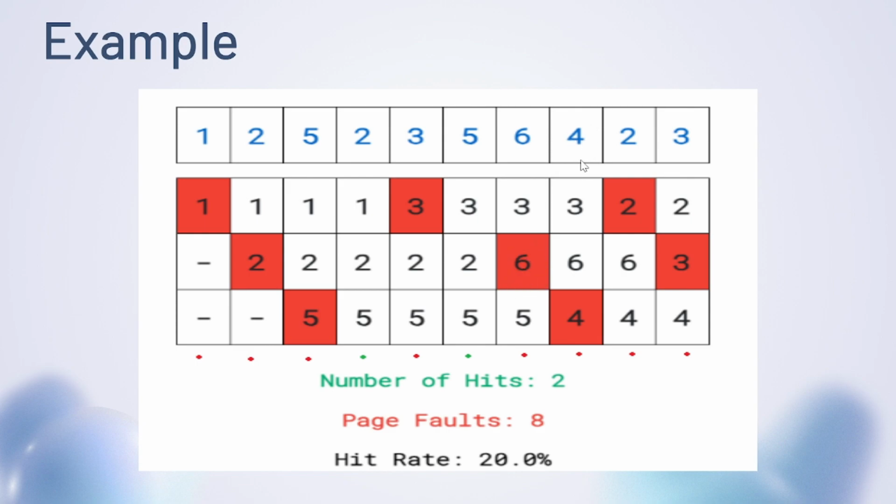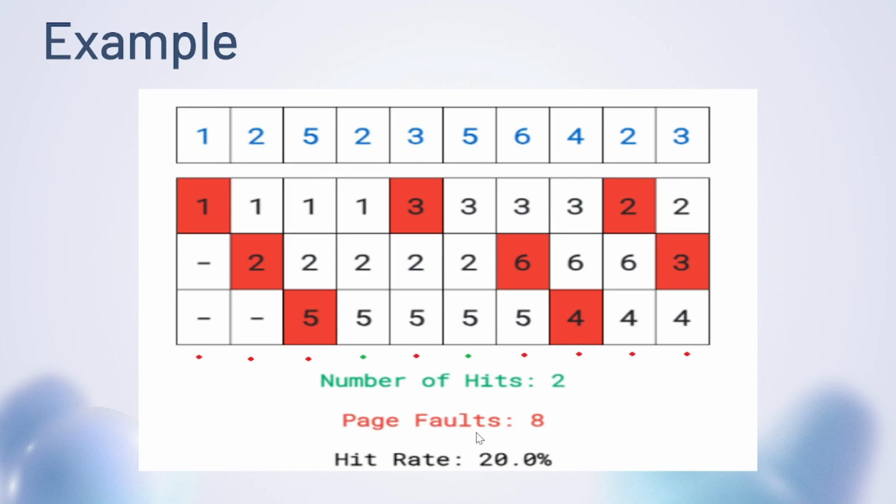Block 4 is similar and will replace block 5. Similarly, block 2 and block 3 don't exist in cache memory, so they will replace block 3 and block 6.